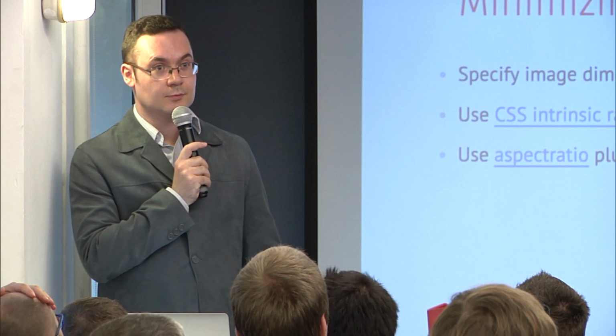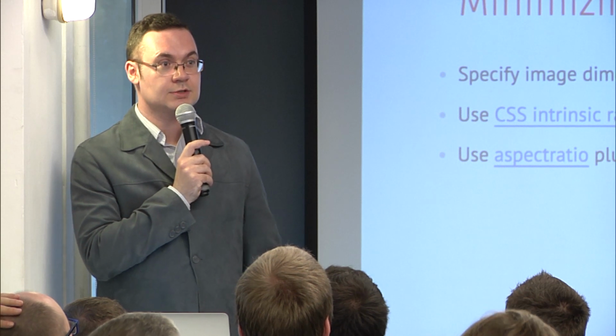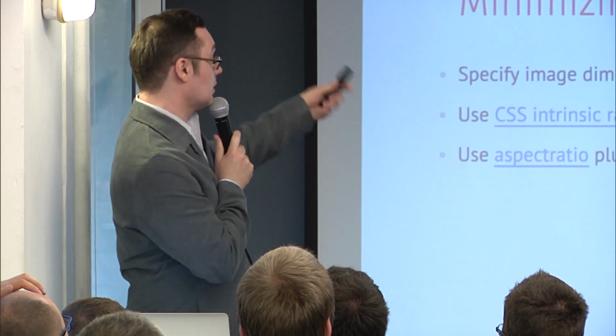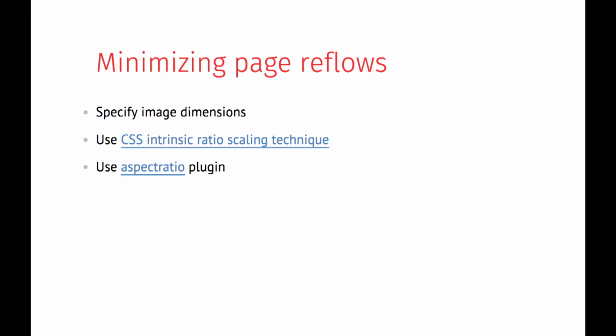We can take a popular ratio, for example, 3:4, 4:3. We have it, no, it's 16 by 9, sorry. And we can specify it in the element by using padding-bottom.